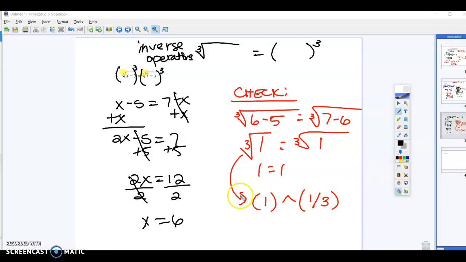On this one, you don't have to plug this into the calculator if you know that the cubic root of 1 is 1. But if you wanted to, this is how you do it. Not all calculators have a cubic root button, so you want to make sure that you know how to do that.